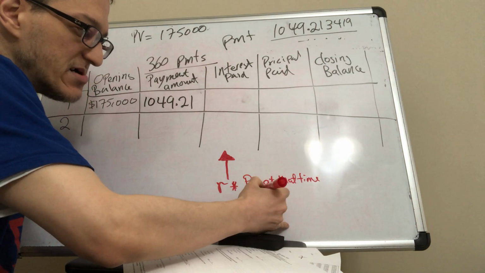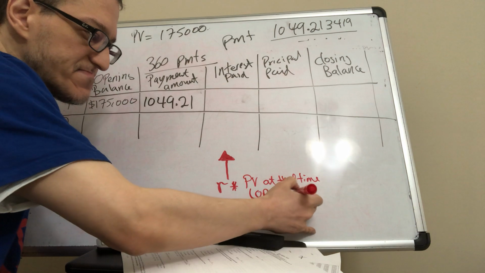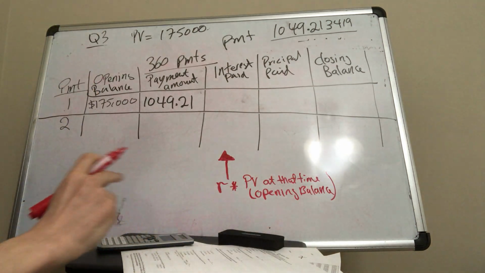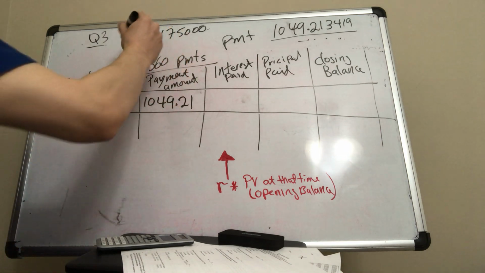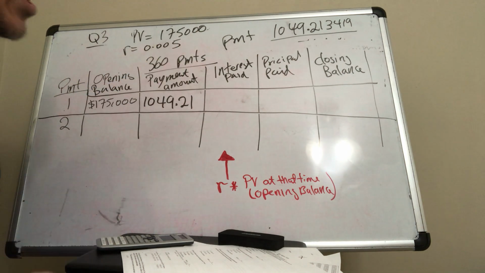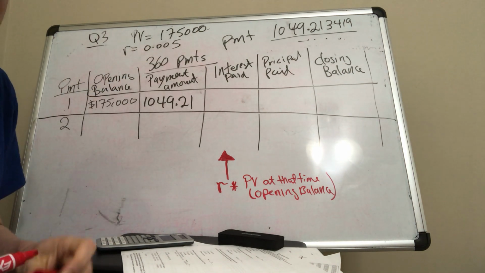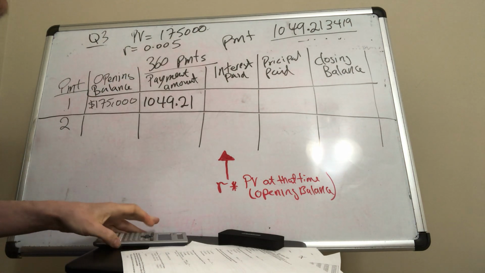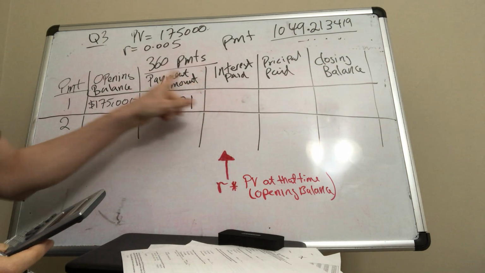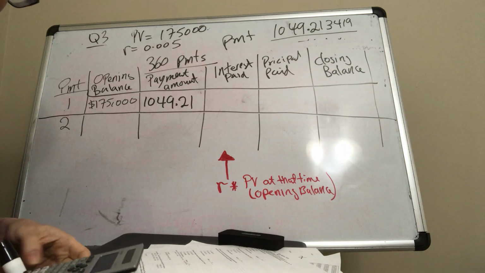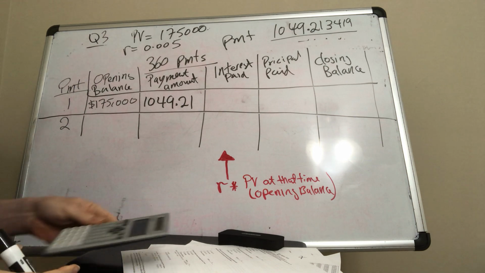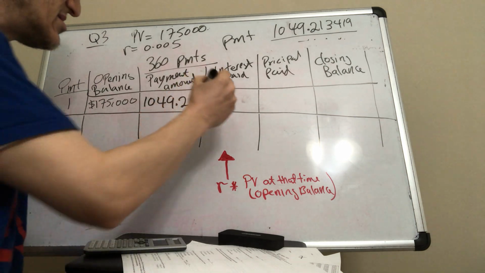Meaning, whatever the opening is at that time. And R, when we did it earlier in the question, we found that it's 0.005. So you take the 0.005 times the present value at that time, it will be 875.